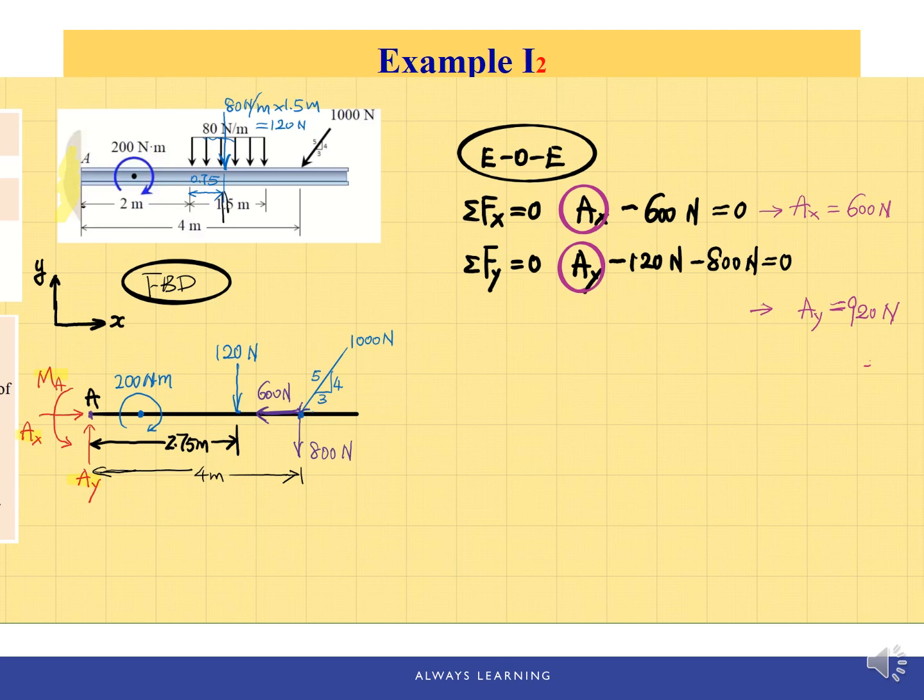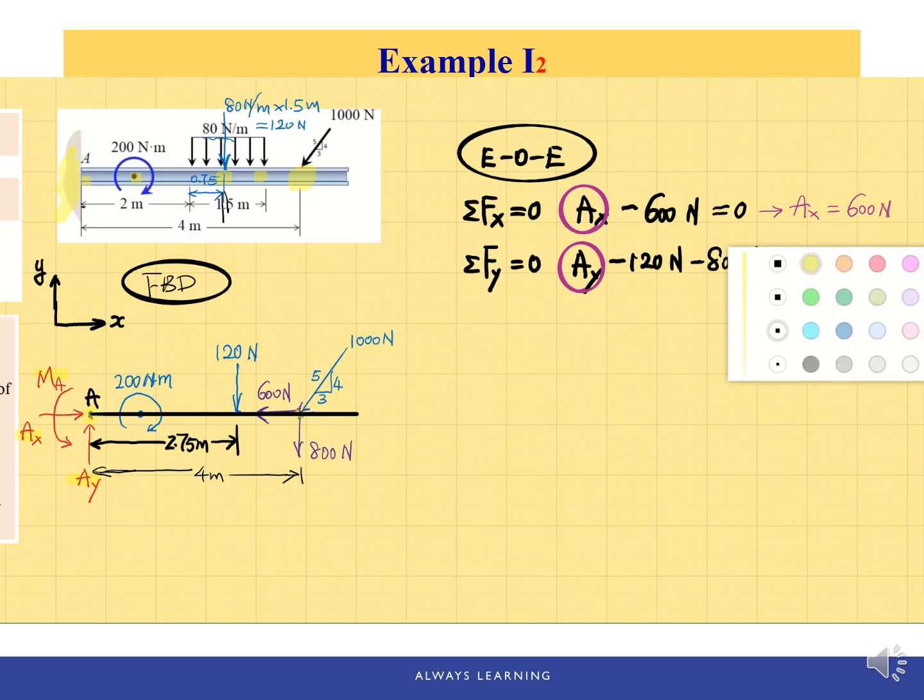There's no rotation at all. So any point you choose in the space should have the resultant moment of 0. So the question is, which point should we choose? Should we choose the point here, or here, or any point here, or here? Well, the answer should be point A.